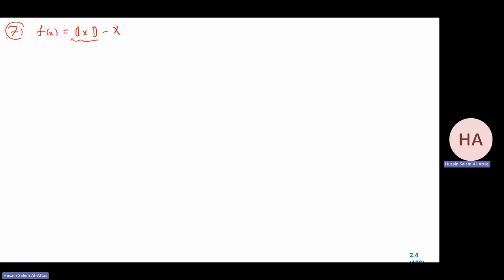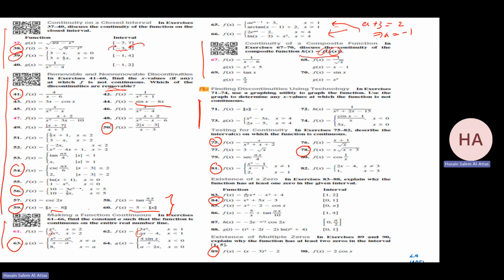Discontinuity comes from here, when left is not equal to right. So this function is discontinuous if x is an integer.